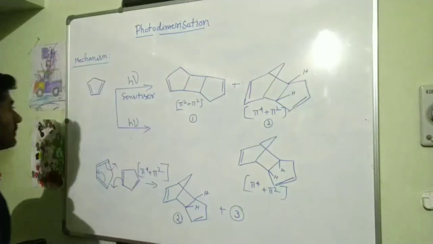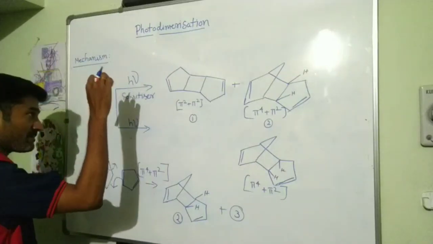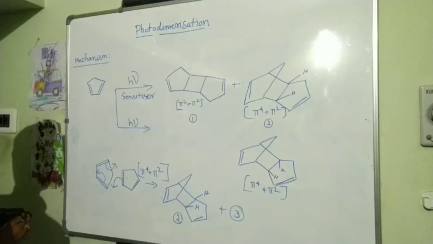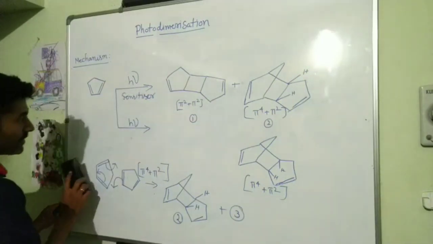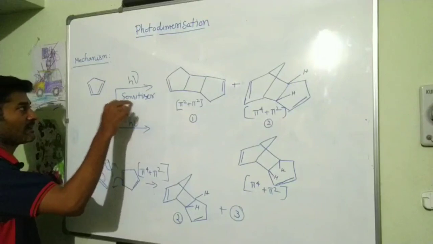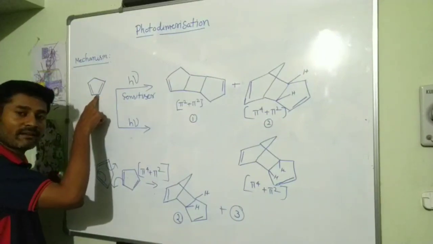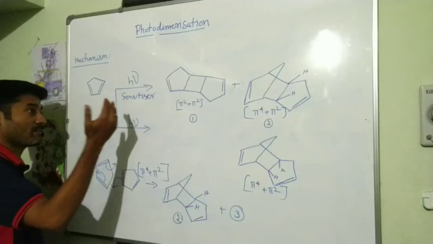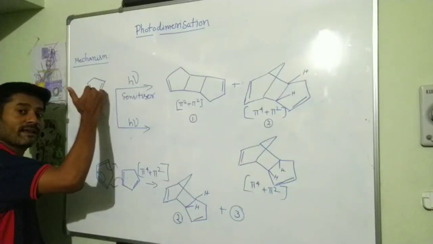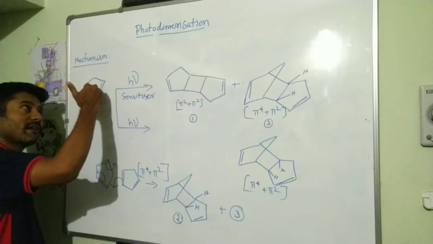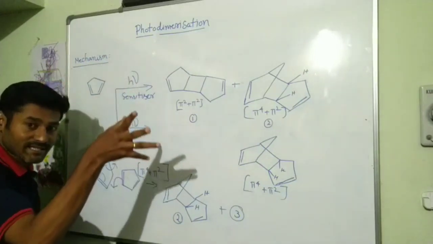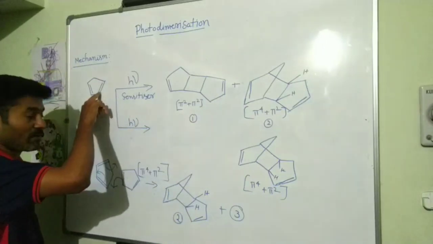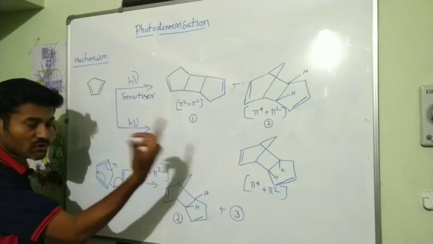So in presence of a sensitizer you get 3 products in equal proportion. In presence of sensitizer, the triplet state sensitizer will interact with your cyclopentadiene, and the cyclopentadiene will undergo excitation to reach the triplet excited state. This triplet excited state molecule will interact with another molecule to give you a product.